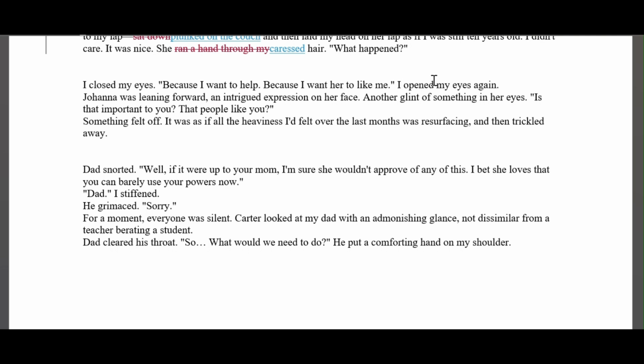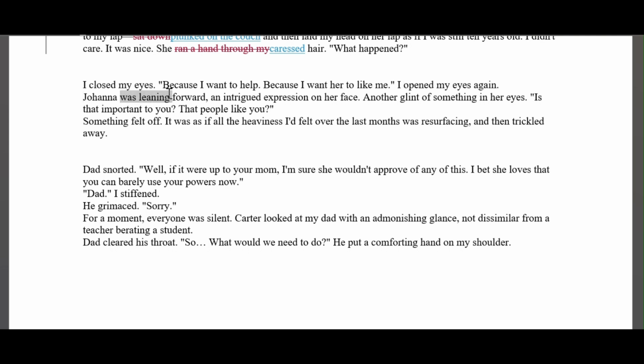Then I opened my eyes again. Not again. Well, again, in a sense. Opened is fine. Joanna was leaning forward, an intrigued expression on her face.